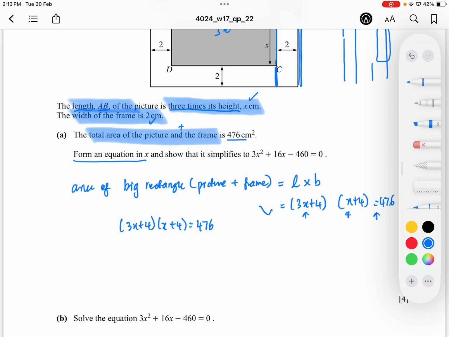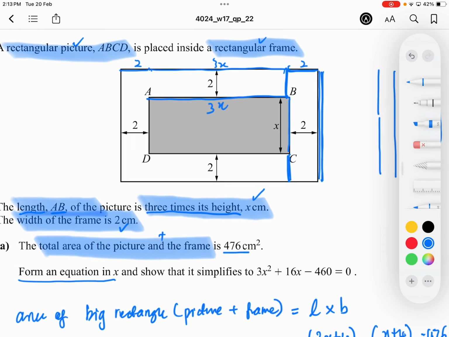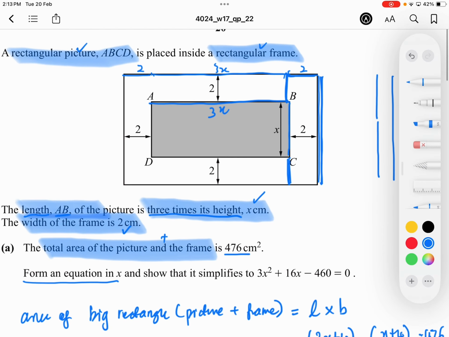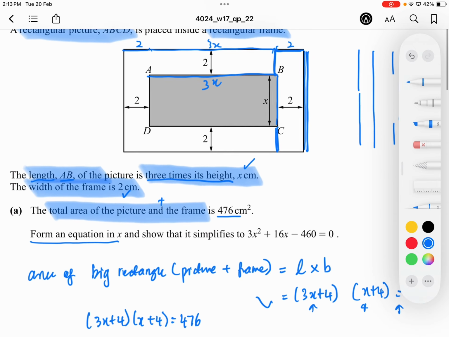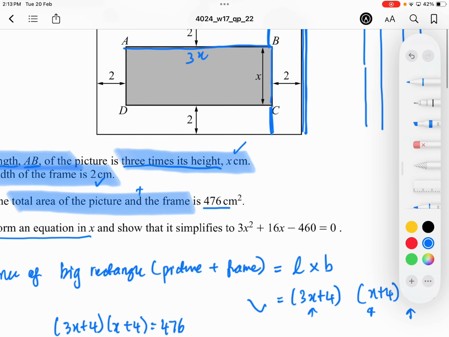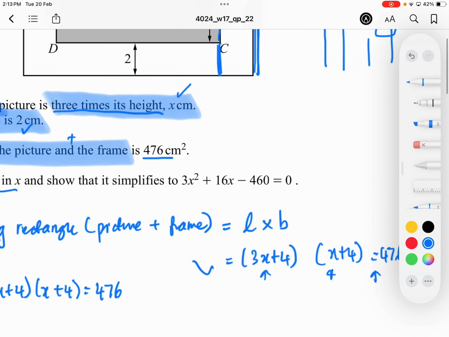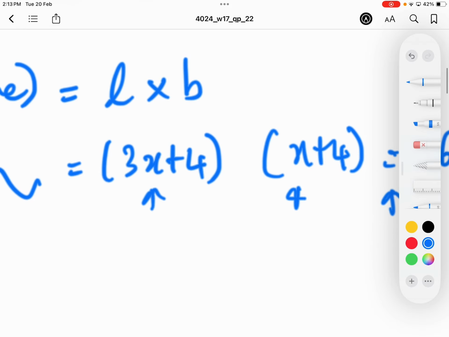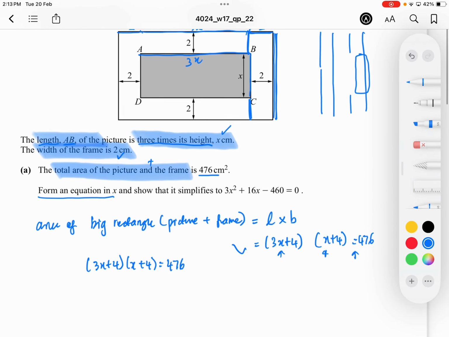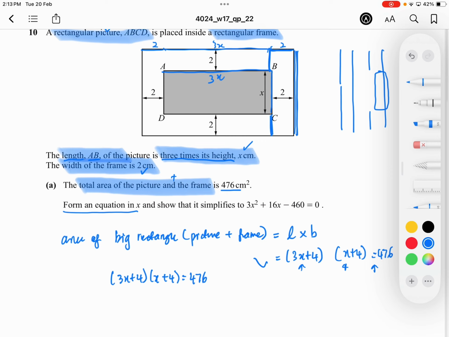Which stage are you? Did you get 3x? Yes. Okay, ada yang belum. So, you need to get that 3x. If you do not get 3x, you wouldn't be able to get that. Okay? So, give me a thumbs up dulu if you are at the 3x stage. Thumbs up if you have 3x. Okay.